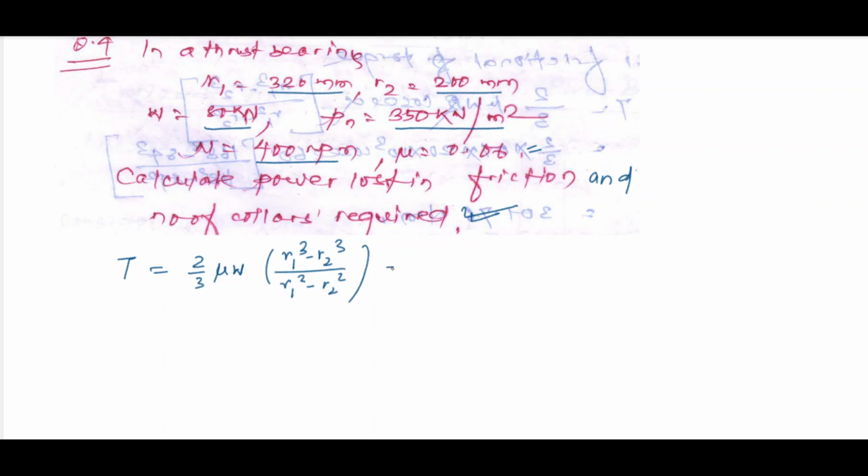So 2 by 3, mu is given 0.06 and W is 80 into 10 to the power 3. R1 is 320, so 0.32 cube minus 0.2 cube divided by 0.32 square minus 0.2 square.